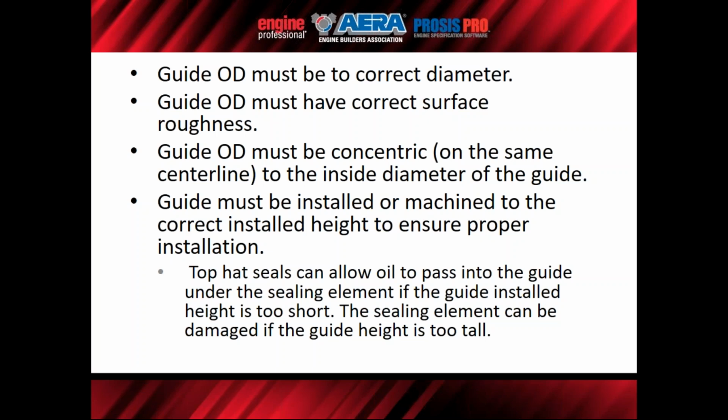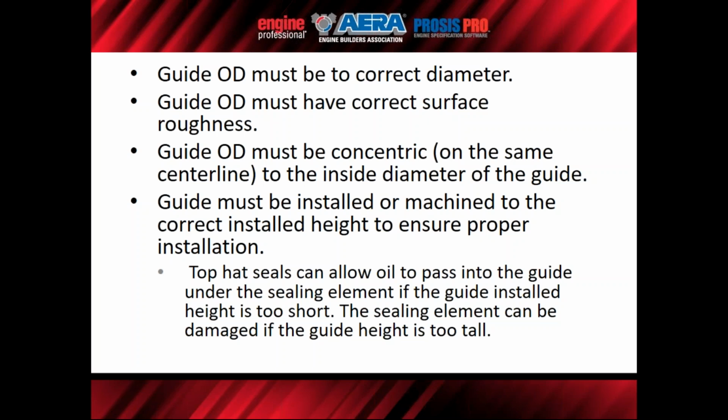The guide must be installed or machined to the correct height to ensure proper installation. Top hat style seals, some are an element that's put into a steel body. Some of those are molded together. They are more sensitive to the guide height position than, say, an umbrella or any other positive seal that would be pressed on the guide.